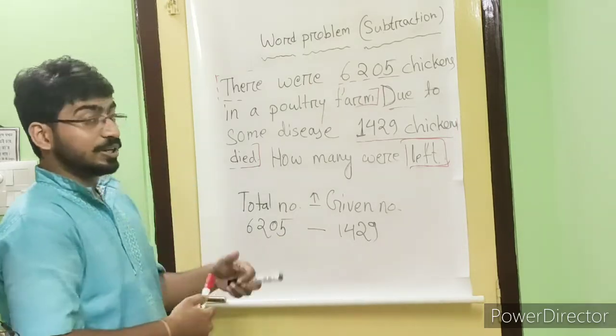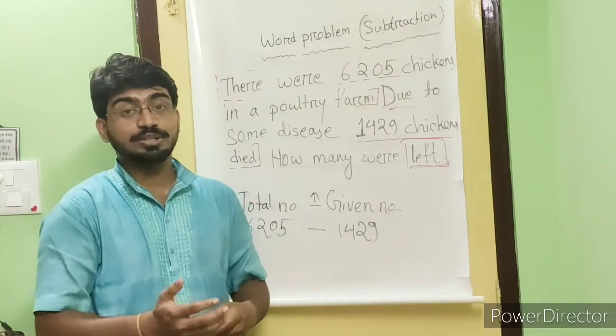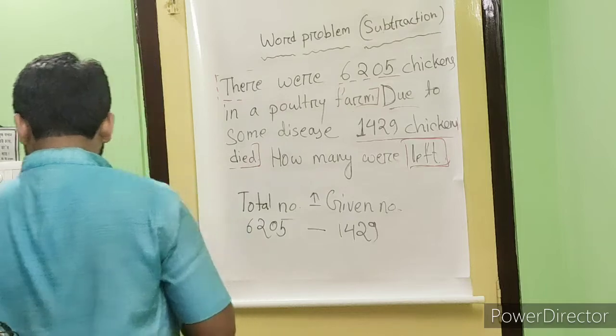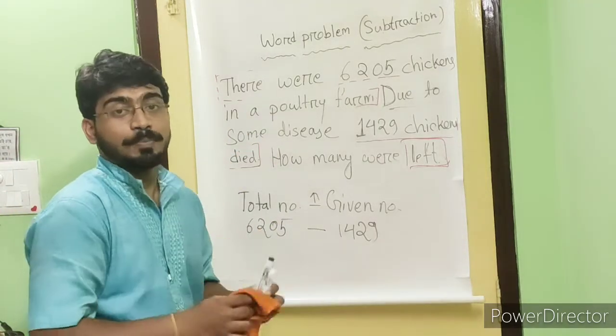Okay, so now we need to write the statement. As we all know that we need to write the statement, so we will start and try to write the statement in proper way.